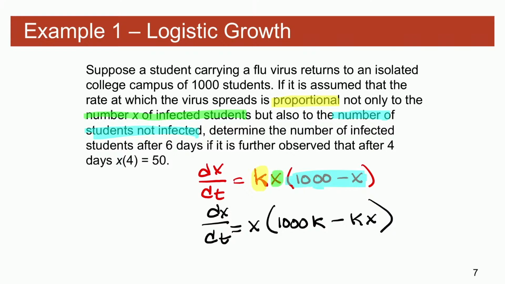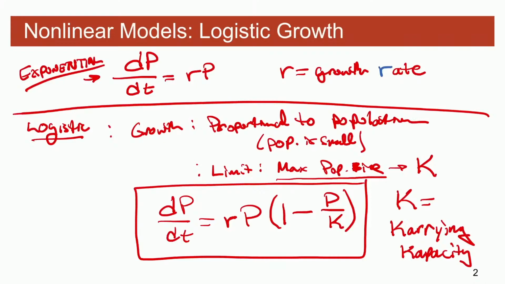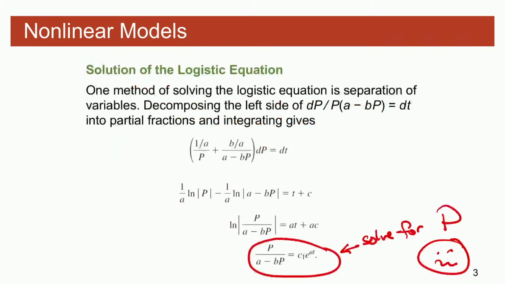In other words, let's just go back really quick to our description of the logistic growth model. Where is it? There it is. So here, I'll just write it like this. dP over dt is equal to P times a minus b times P. Those two numbers are the important numbers for this solution.